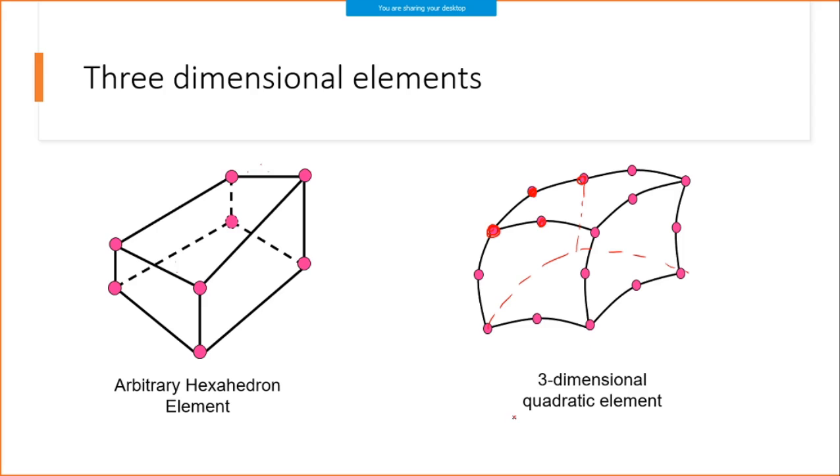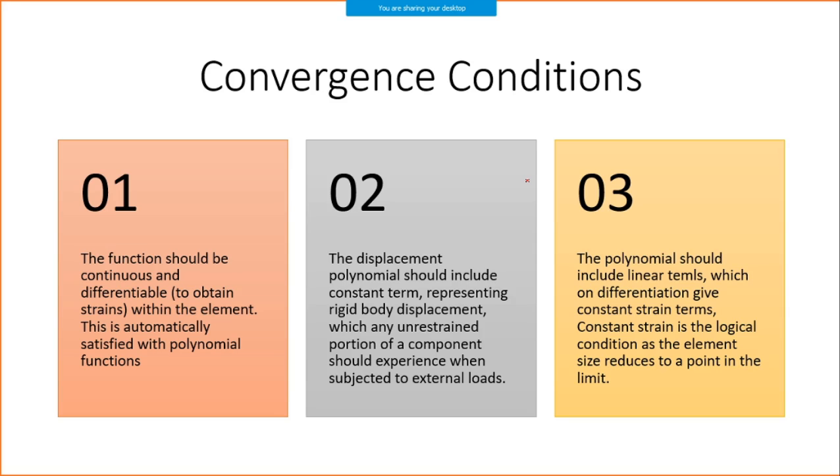That is called a quadratic element, and we can use it for a more accurate kind of analysis. Similarly, if I want to increase the order of the deformation by one more, I can put one more node here and I will get a cubic equation. If I increase one more node, I will get a fourth order equation, and so on.